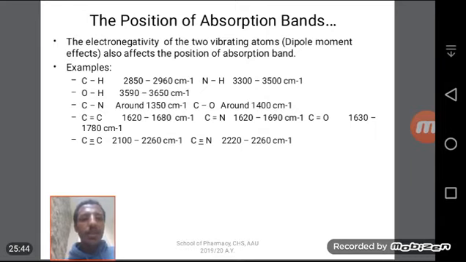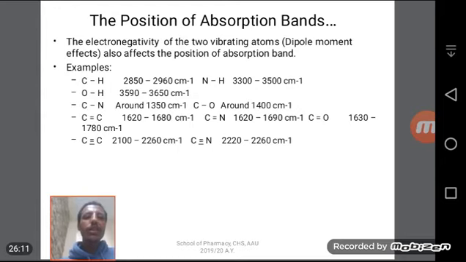Carbon-carbon double bond has a vibrational frequency, or wave number, of 1620 up to 1680 per centimeter. This is low because there is no polarity or minimum polarity, which results in low frequency, and other factors.